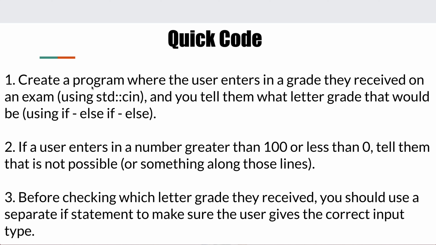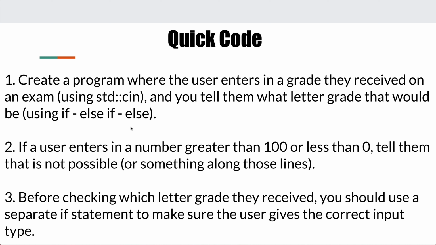So the first thing you need to do is create a program where the user enters in a grade they received on an exam. And you tell them what letter grade that would be, okay? You need to use standard cin, and you need to use an if, else, block or chain, okay? And if they enter in a number greater than 100 or less than 0, tell them that's not possible, right? You're not getting 180 on this.